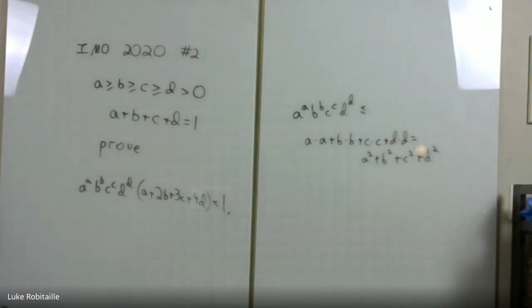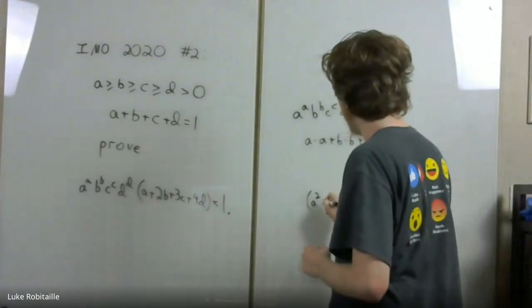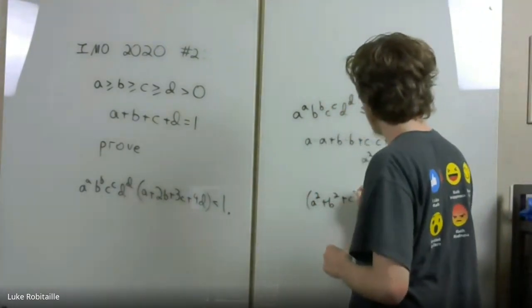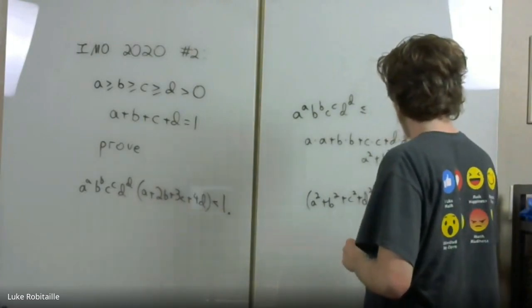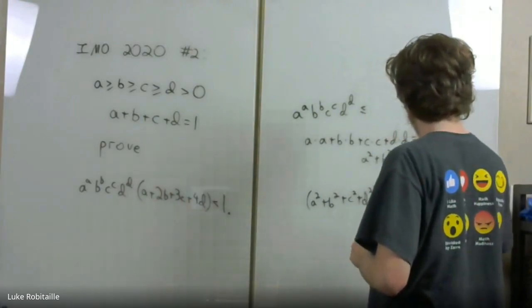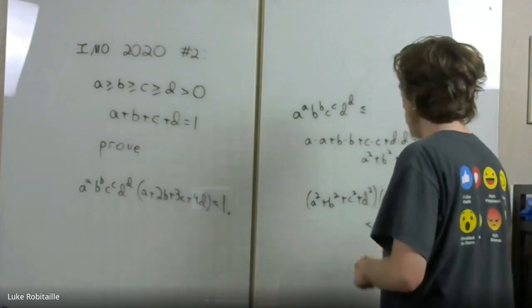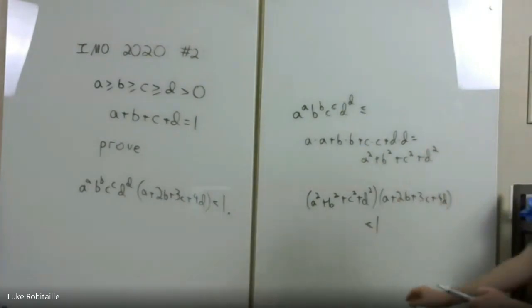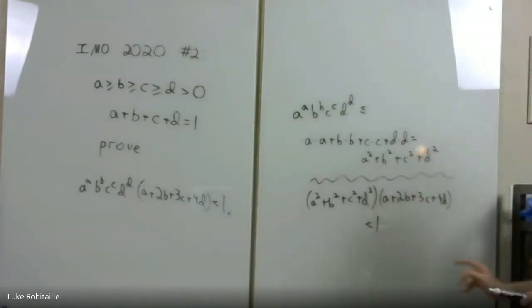This will actually give you a solution, because now if we want to prove this is less than 1, we've reduced it to a polynomial inequality.